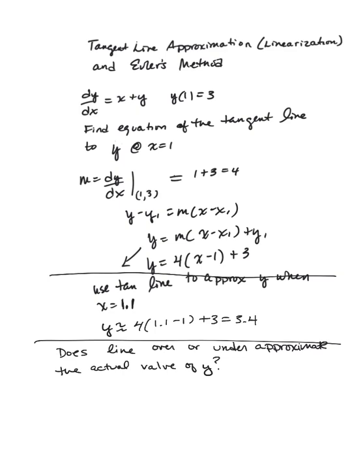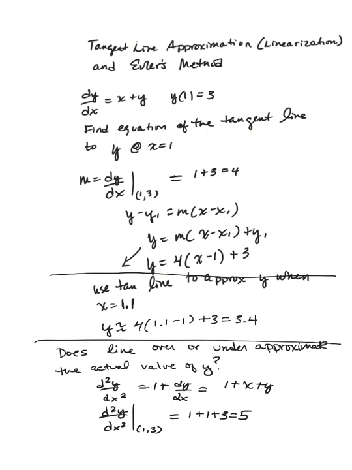Okay, so I get the second derivative with respect to x. I replace dy/dx with x plus y. So the second derivative at (1, 3) is 1 plus 1 plus 3, which is 5. So that means the curve is concave up.